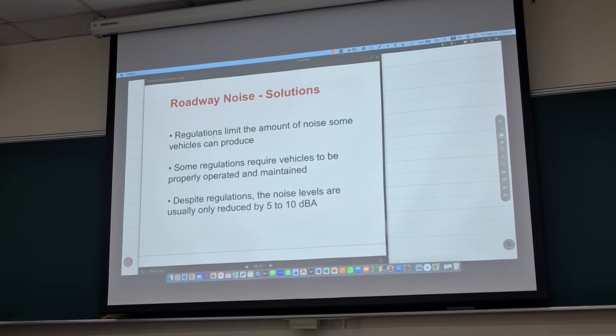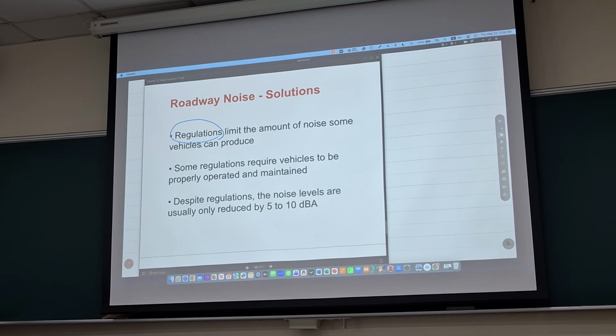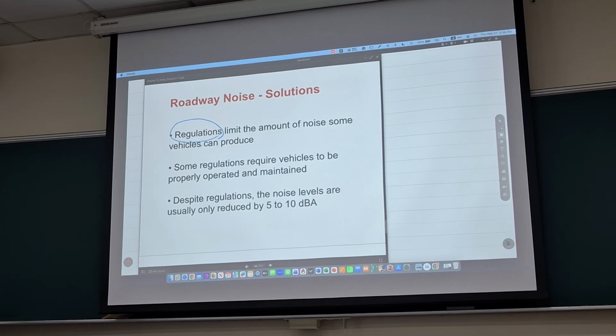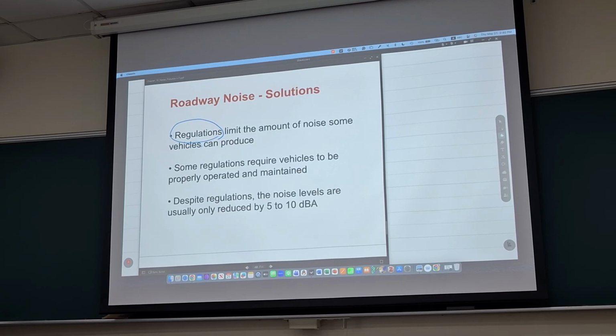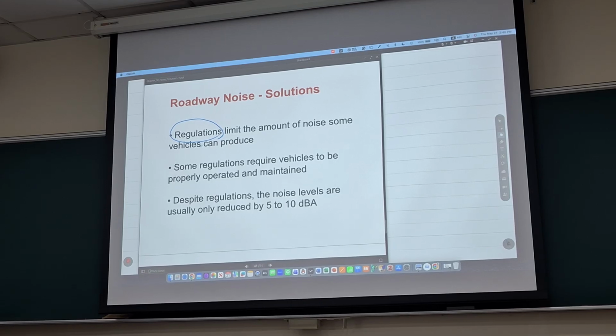And you can also set up some regulations, limiting the amount of noise some vehicles can produce, and requiring vehicles to be properly operated and maintained.